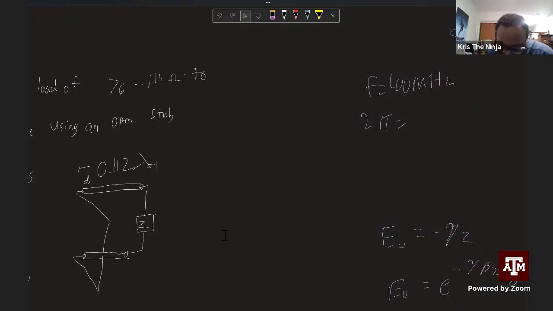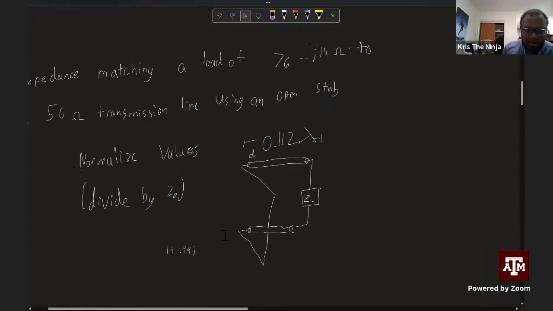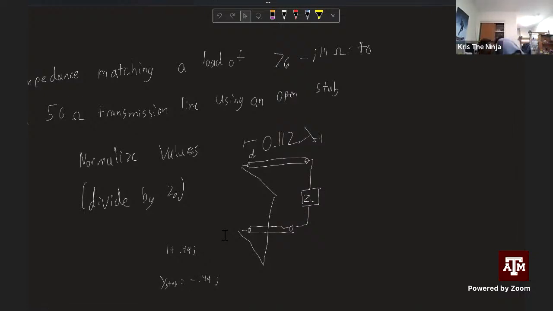So we need our stub to equal minus 0.49J. Oh, y'all can't see that. There y'all go. So in order to do that, you just find minus 0.49J on the Smith chart.